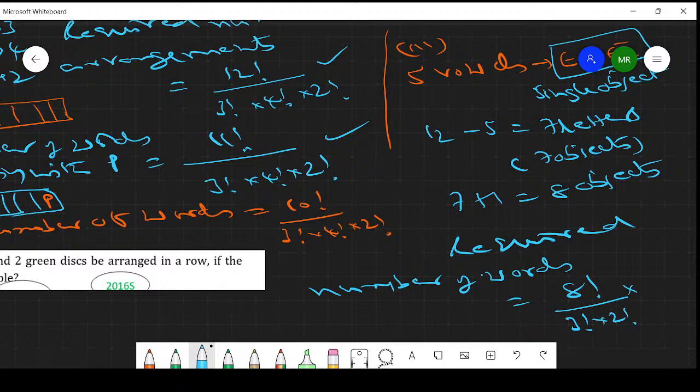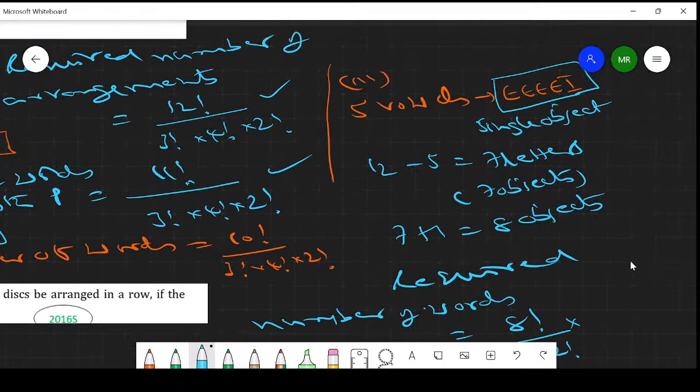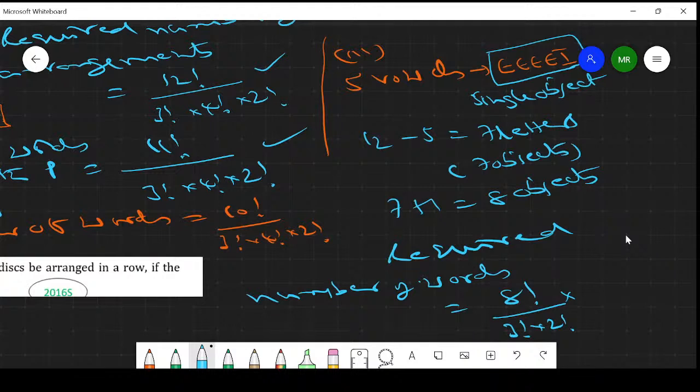Inside the single object we have 5 vowels. Among themselves they can change places in 5 factorial ways. Here E is repeated 4 times, so 5 factorial by 4 factorial.